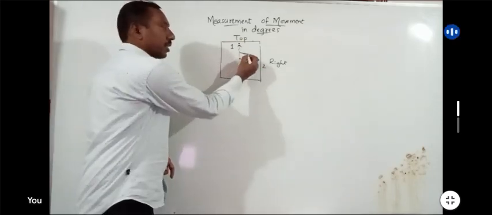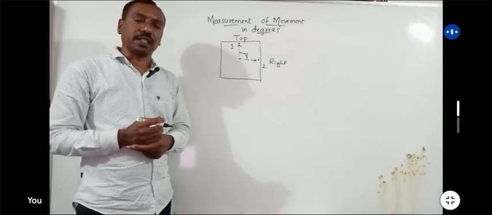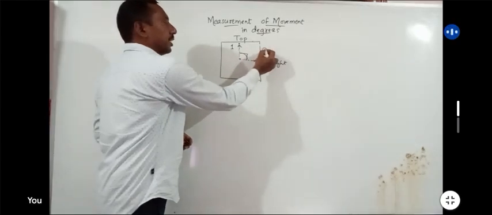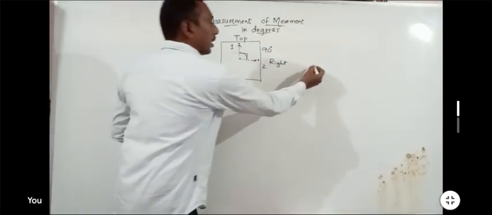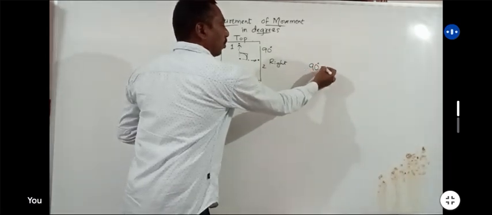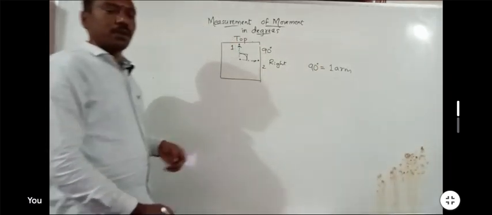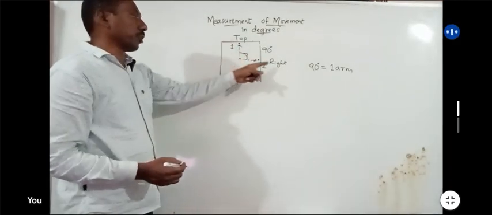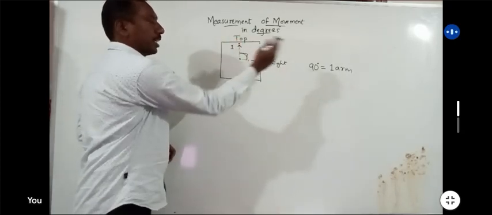When you measure this in terms of degrees, can you tell me how many degrees it would be? Excellent. It is 90 degrees. So, you can equate 90 degree movement to 1 arm. Whenever a thing moves from one main position to another main position, from top to right, it is 90 degrees.